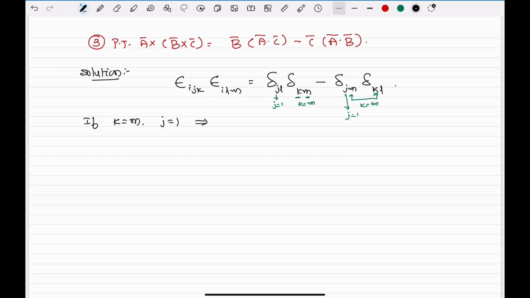It implies delta jl into delta km. What will it be?